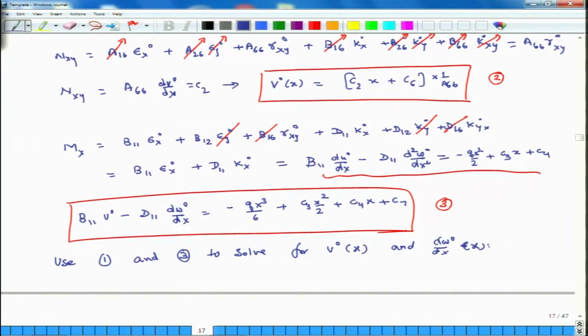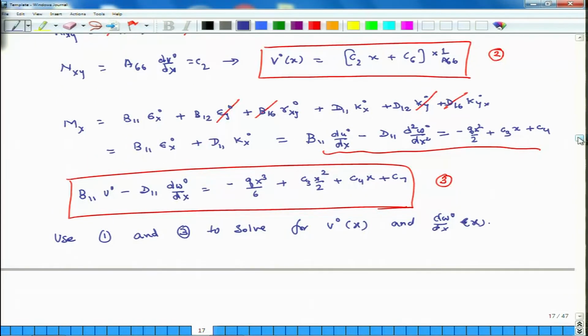These are simultaneous equations. So, I can solve for u naught and dw over dx. Okay. So, I will get one expression for u naught and another expression for dw over dx, and then integrate the relation for dw over dx to get the equation for w naught as a function of x.